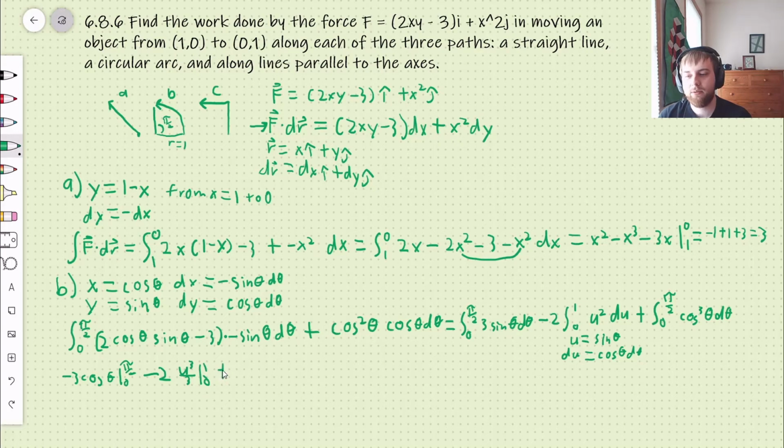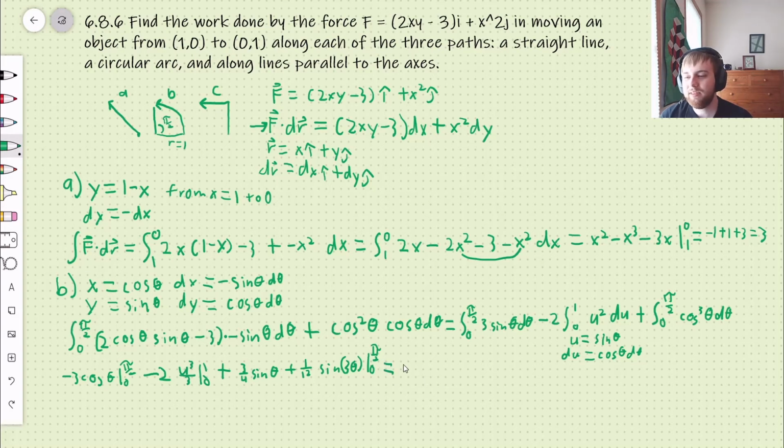And then this last one is 3/4 sine theta plus 1/12 sine 3 theta, from there to there. I'm not going to go through how to get that at this stage.